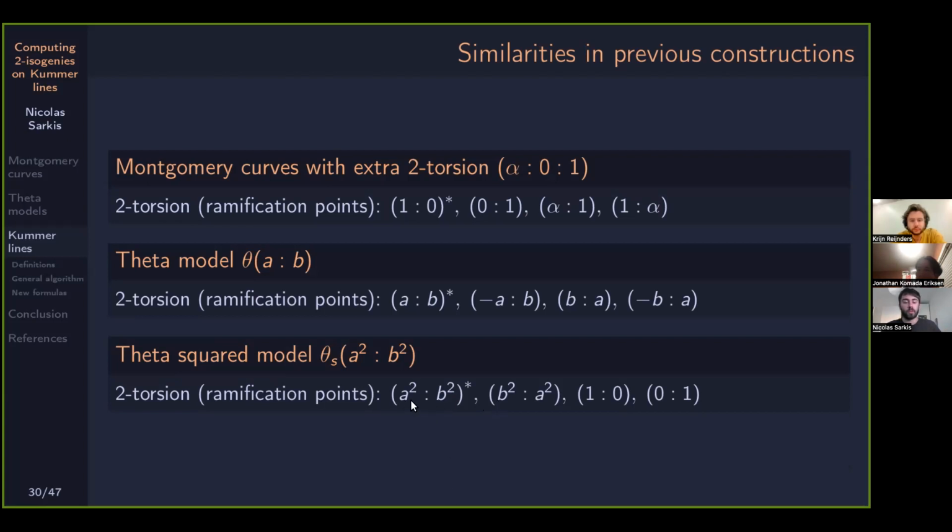Actually, if you write alpha equals a squared over b squared, because this is projective, the point a squared, b squared corresponds to alpha, 1 and b squared, a squared to 1, alpha. The only thing that changes is what is the origin. So you have the same ramification points, but you don't have the same origin. And that's why we had conversions from theta to Montgomery which only differed by a two torsion point, because what you do is just a permutation of the two torsion so the origin is on the correct point. That's why they relate so well.